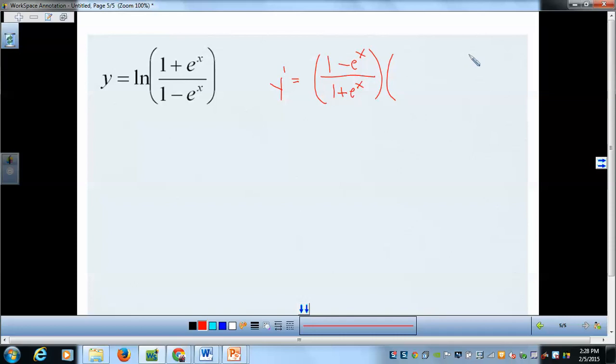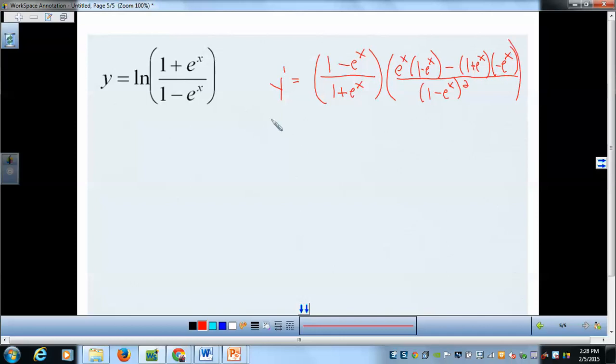Our quotient rule is the derivative of the numerator, which is just e to the x, times our denominator, minus our numerator, which is 1 plus e to the x, times the derivative of our denominator, which is just minus e to the x. And then that's all over our denominator squared.